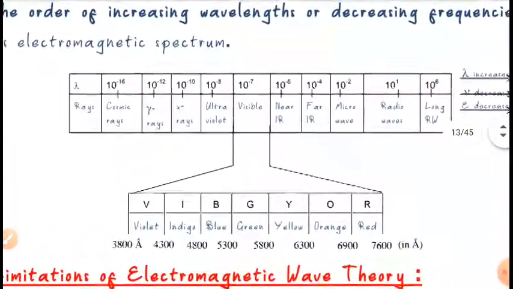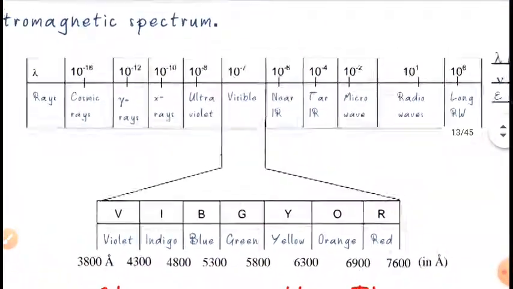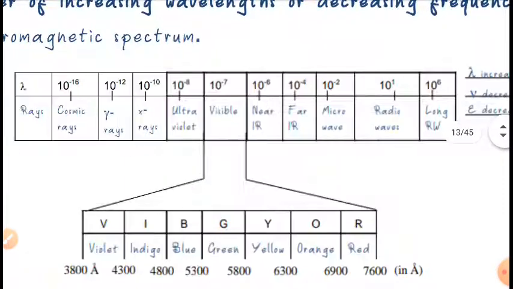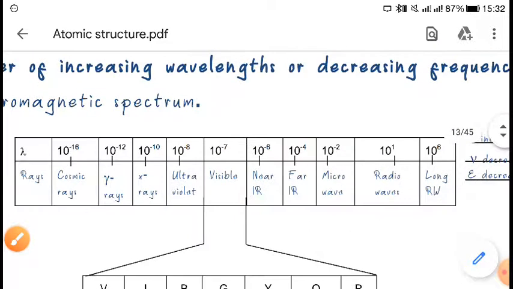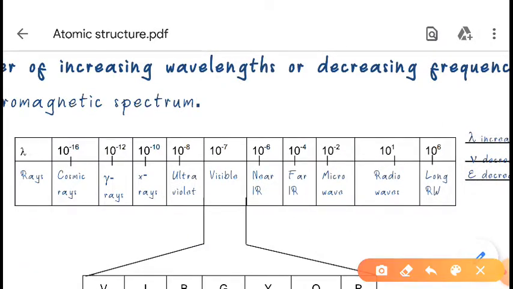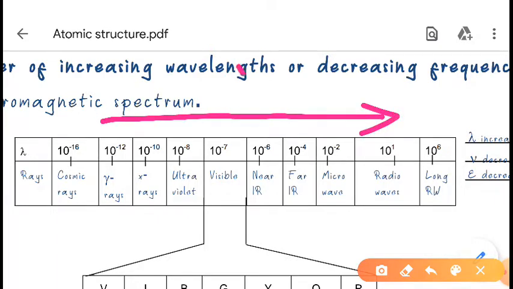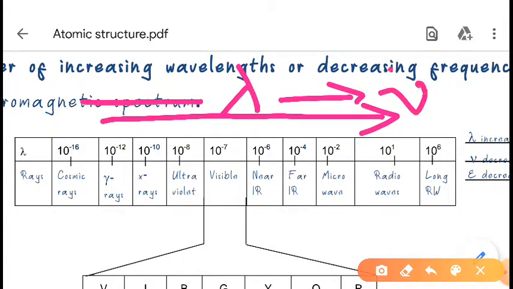If you see nicely here, as we go from here to here, our lambda is increasing. In this direction, our mu, which is frequency, is decreasing, and since frequency is decreasing, the energy will also decrease.